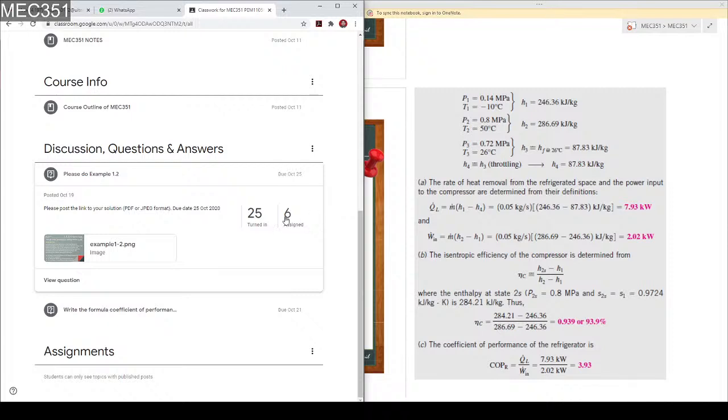Okay. So, 6 students. For those 25 students who turned in their answers, there are benefits for you. If your marks are on the borderline, maybe between A and A minus, for the students who show effort in the class, I will try to help you.